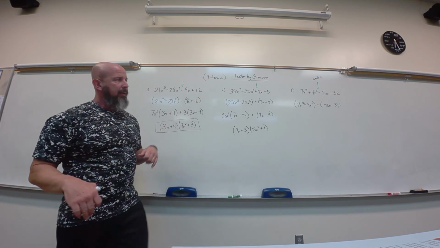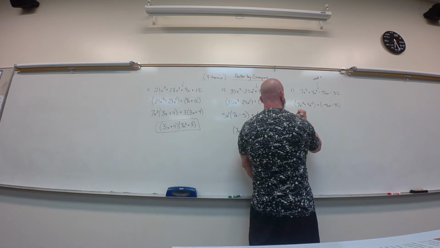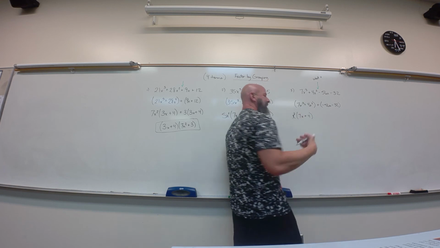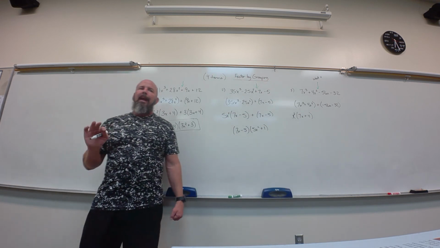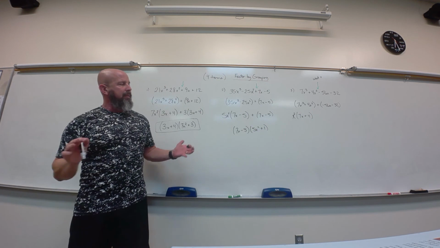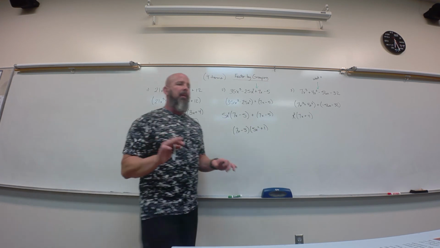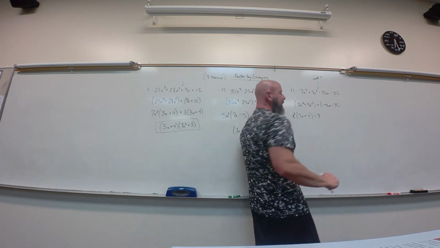First pairing, I can take out an x squared. That'll leave me 7x plus 4. That second pairing, 56 and 32. 8 is in common between 56 and 32. So I'm going to factor an 8 out, but this time I'm going to factor out a negative 8 because we don't leave with a negative.